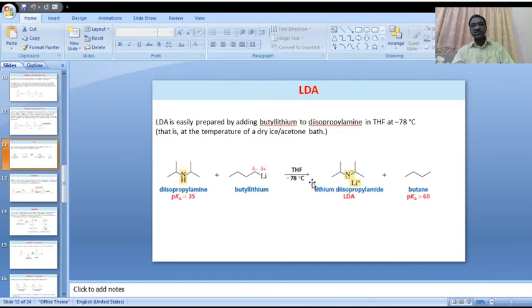At minus 78 degrees centigrade in the acetone bath the reaction proceeds and LDA, lithium diisopropyl amide, is formed. Okay, in this reaction butane is the byproduct. Its pKa value is greater than 60, which compared with the starting compound is more than the reactant. Okay, this is the preparation of LDA.